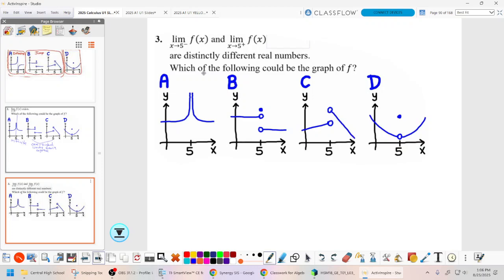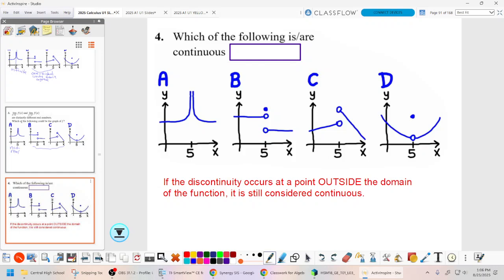All right? So limit from the left and right. It's these two, right? Why is this one not it? Because they're not real. And of course D, it's the same number, so.